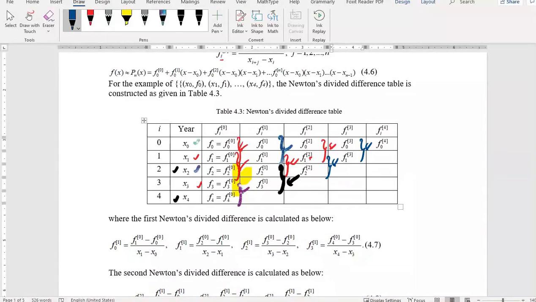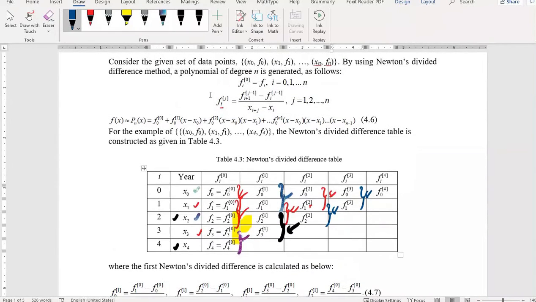And then for the second one, when you point your finger at this and this, you just move down once, move down 1 row, and the gaps are still the same. Or else you must identify the formula properly. Fij will be equal to, the numerator you normally have no problem with: Fij depends on the previous Newton divided difference, and this value will be the bottom.